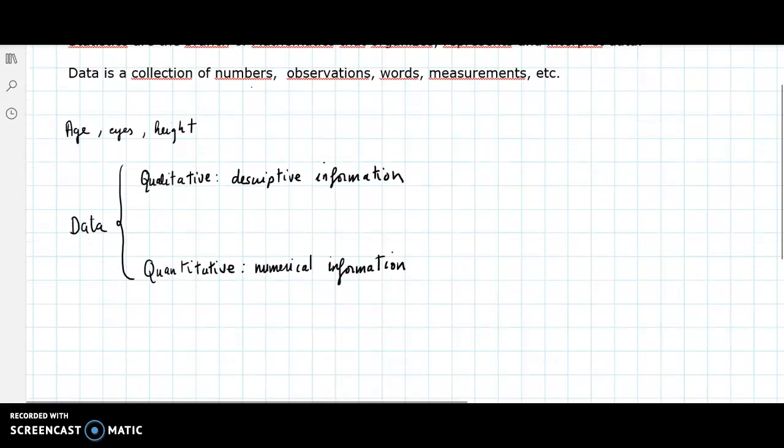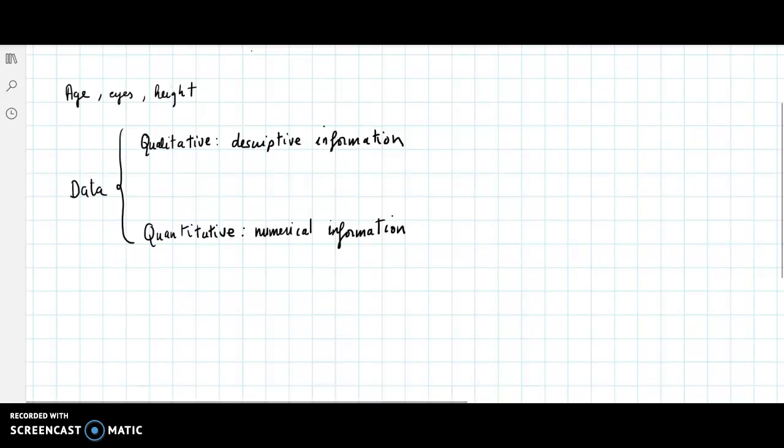So let's see an example of data. Imagine this example: scores on a math test. I'm going to ask 10 students about their scores on a math test.